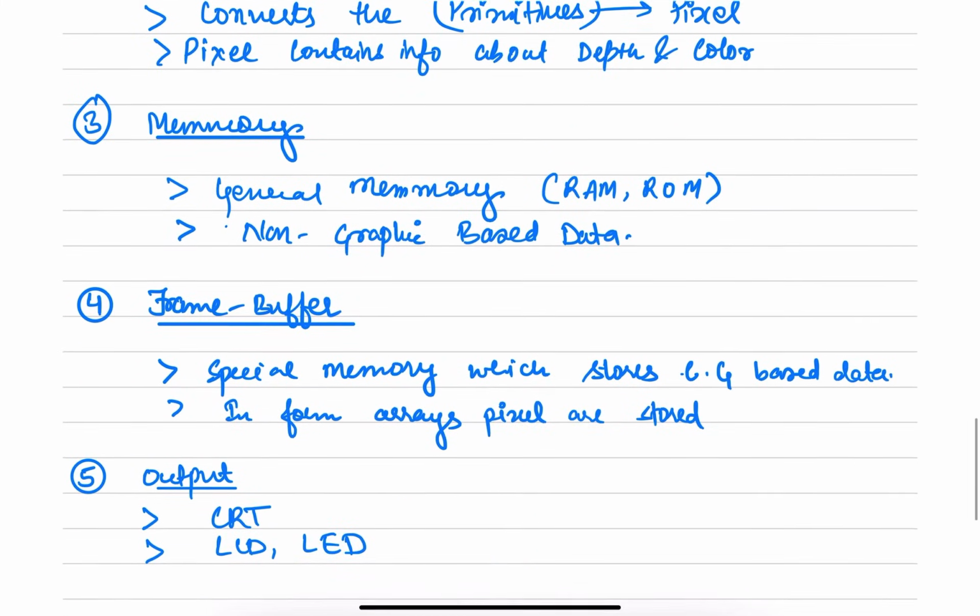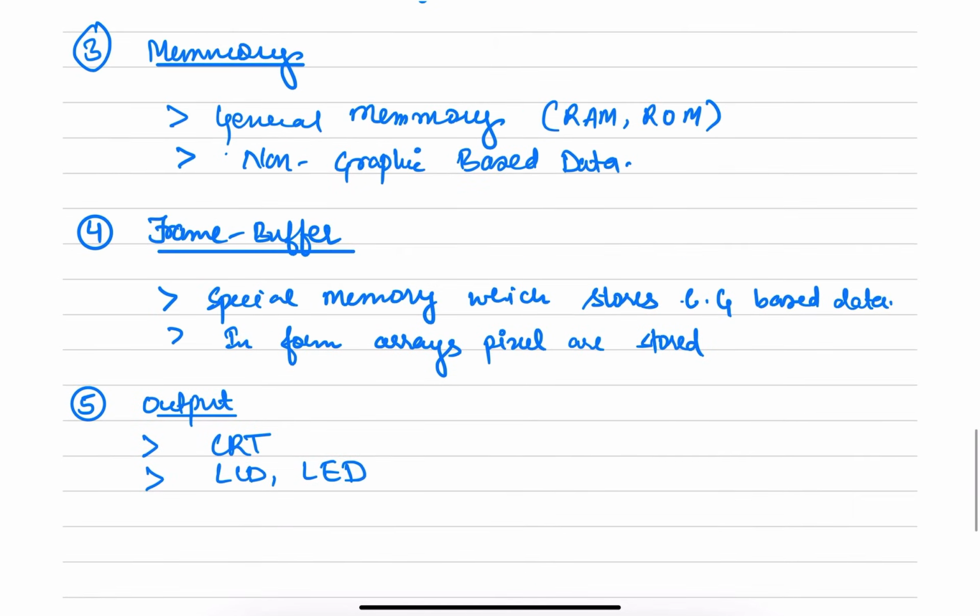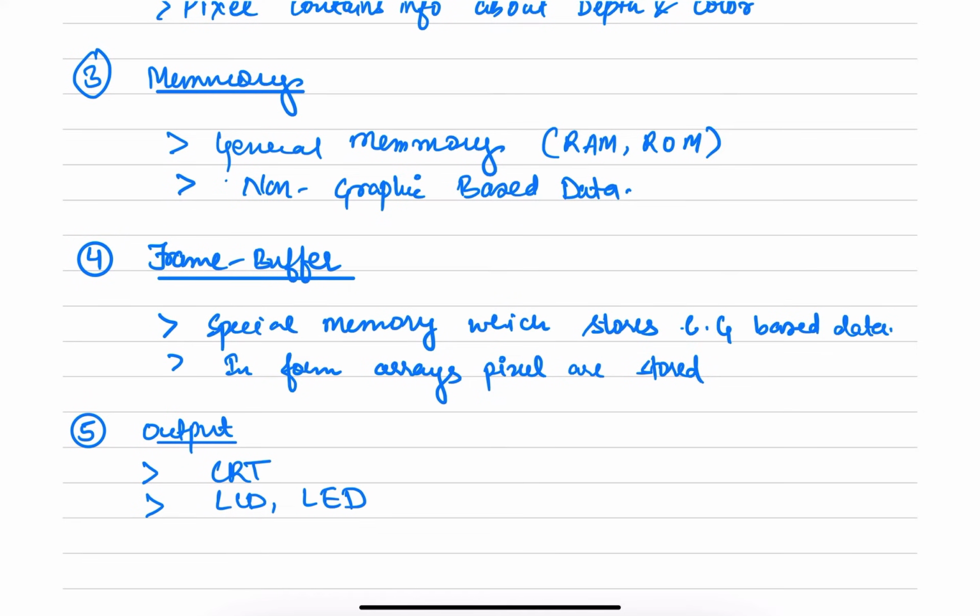Let's talk about some details about this frame buffer, right? The frame buffer has properties called resolution and depth. We have discussed depth also, that a pixel has the information about depth. So what is this depth? In other terms we can say depth is precision.